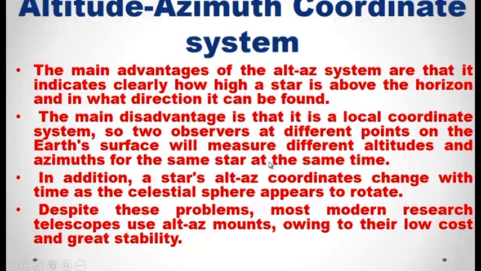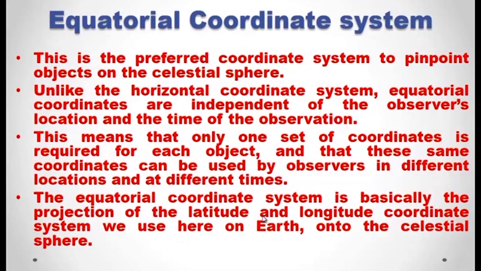In addition, a star's alt azimuth coordinates change with time as the celestial sphere appears to rotate as the earth rotates. Despite these problems, most modern astronomy research telescopes use altitude azimuth mounts owing to their low cost and great stability. This is the altitude azimuth coordinate system.